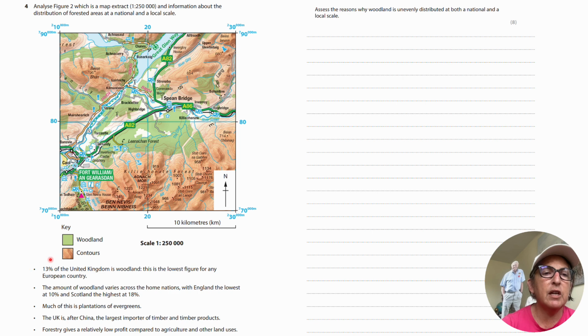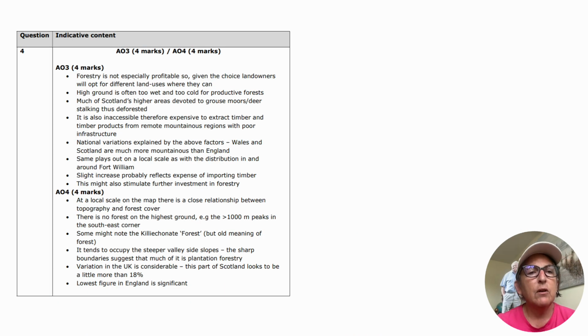And the other reasons here is that it doesn't bring much profit, that increasingly we're planting pine trees, that we've already chopped it all down, but you only need one other reason. So the easiest one to talk about is the fact that compared to other land uses, it's low in profit. And again, on here, you've got some answers that can help you.